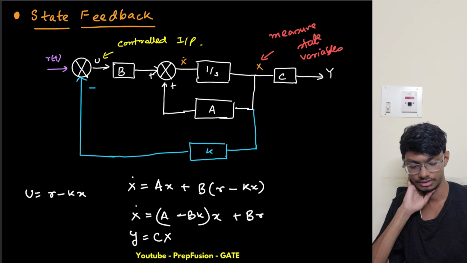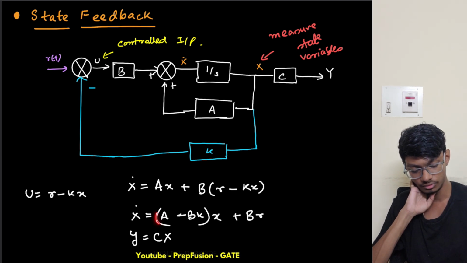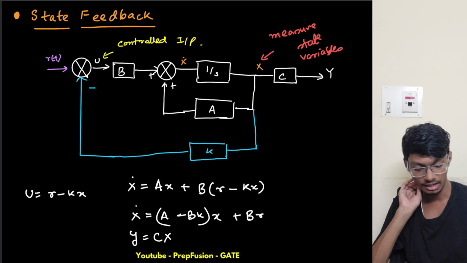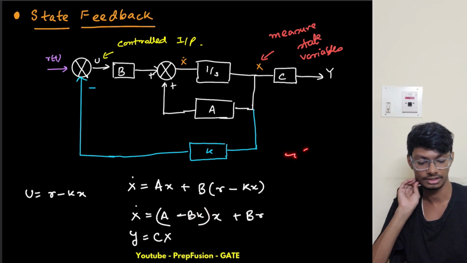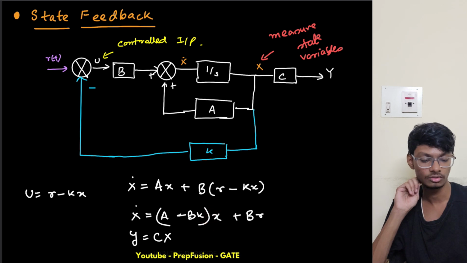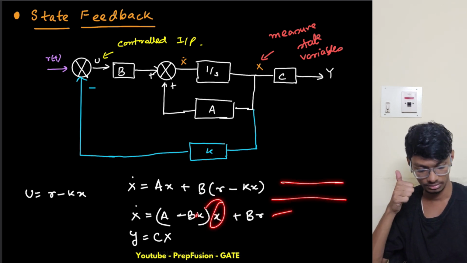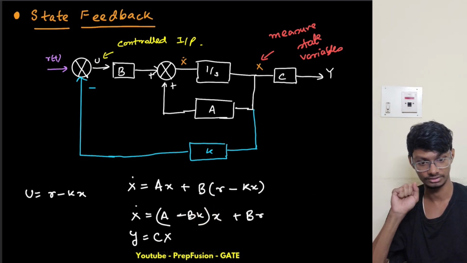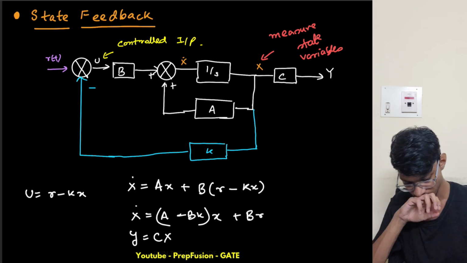So one thing to notice here is this a minus bk. K is a matrix, and if a few rows are 0, I am not able to control that particular state variable. If a few of the rows are 0 for this K matrix, I hope you understand.